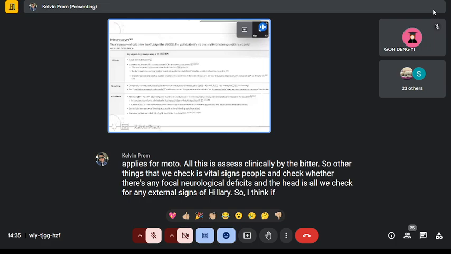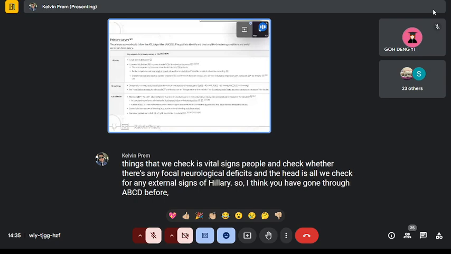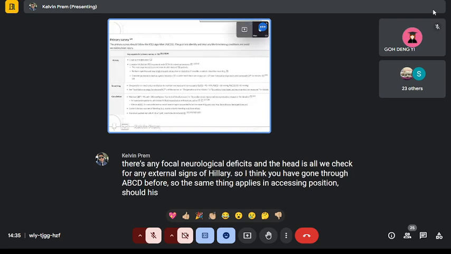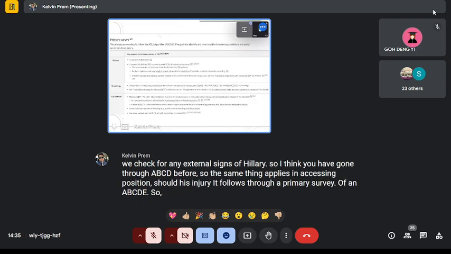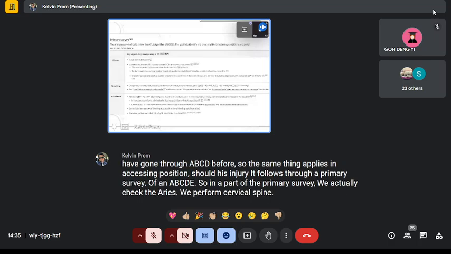I think you have gone through ABCDE before. The same thing applies in assessing patients with head injury. It follows a primary survey of ABCDE. In A, we check the airway, perform cervical spine immobilization, and consider intubation.